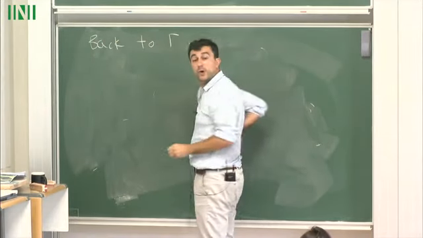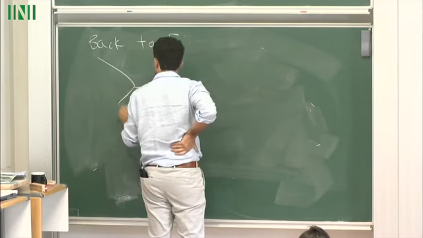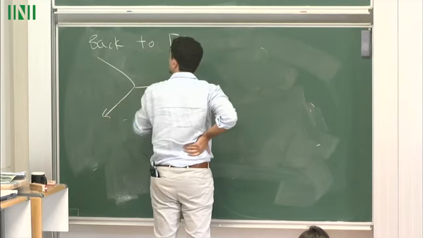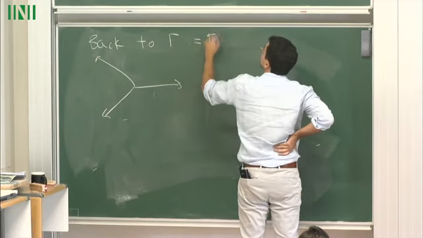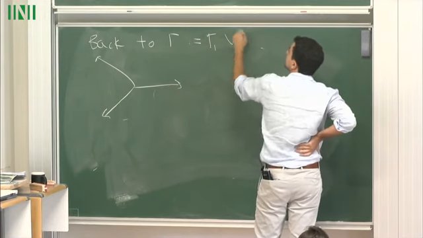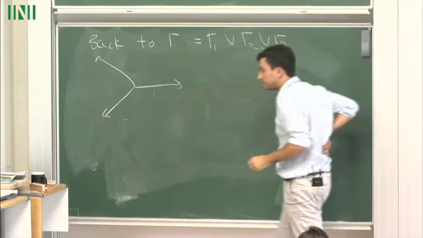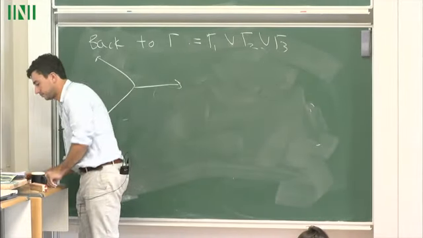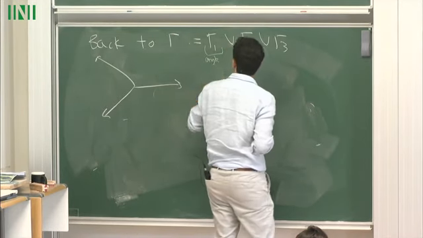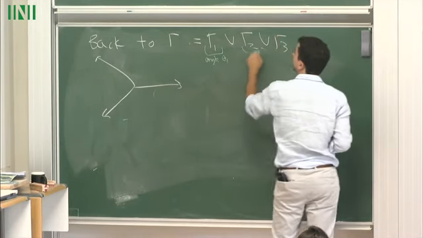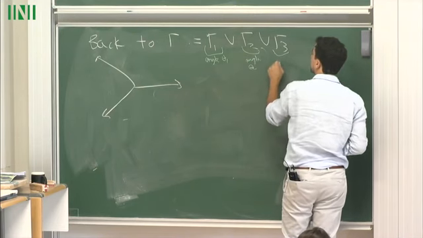So back to our collocation system, and now we have, say, a junction point. Let's think of this as a union of three contours, and let's say this is at angle theta 1, angle theta 2, and angle theta 3.